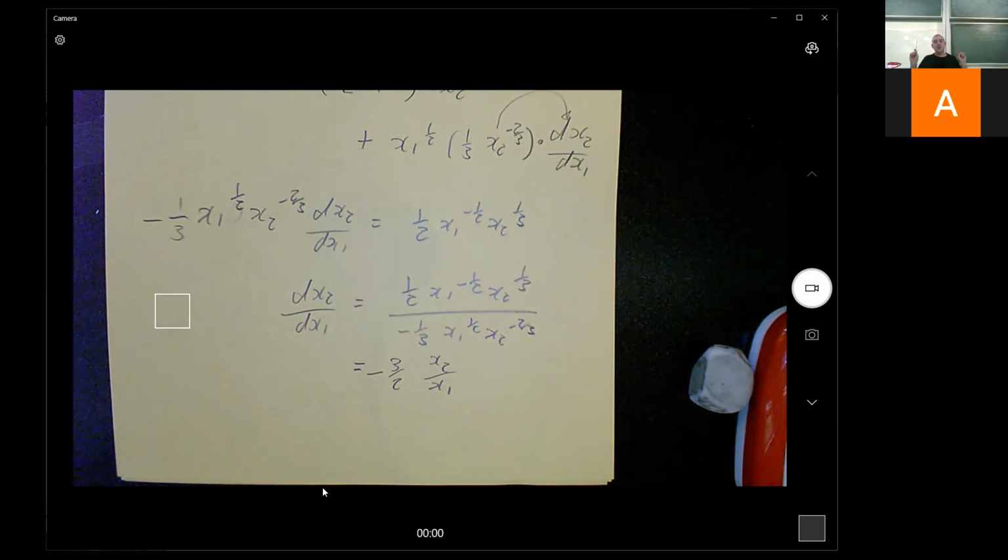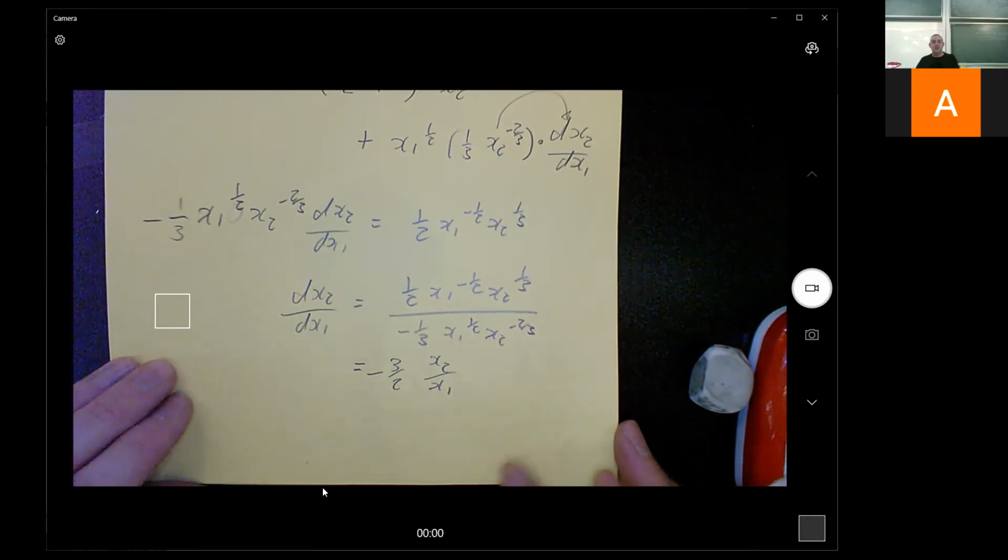I'm going to do another example because this one is less clear than I was hoping. What this does show is that I could have figured out the dx2 on dx1 via implicit differentiation instead of rearranging to get the indifference curve.